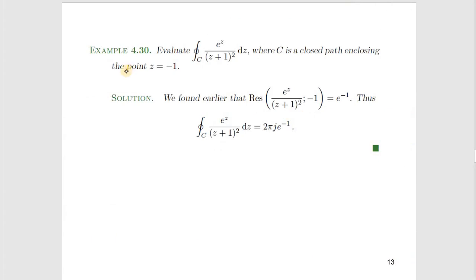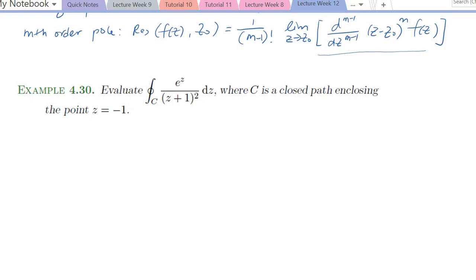Let's look at Example 4.30. It says to evaluate the closed contour integral, where C is the closed path enclosing the point z equals negative 1. We work it out here.